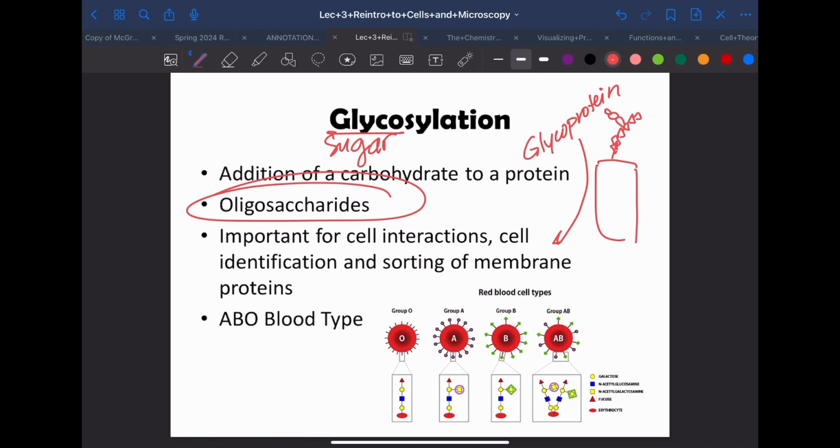That's when things like organ rejection happen. Your body knows this liver or this kidney does not belong to you, so it starts attacking it. Obviously, that's not what we want when we do organ transplants, but that is the purpose of the sugar on top of your membrane.